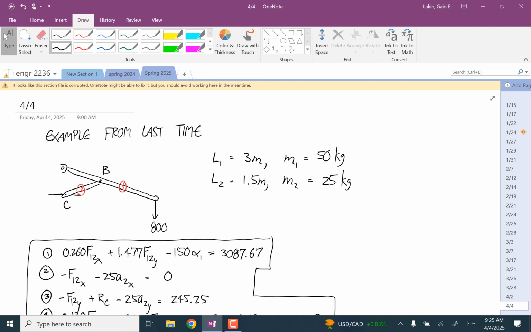They have to be the same, or otherwise this thing is flying apart and we're not allowing that. And we know that the velocity of C has to be parallel to that slot, meaning that the velocity perpendicular to the slot, the vertical velocity, is 0. Okay? So we're going to write those up as velocity constraint equations, and we're going to solve for the variables that way. Okay?